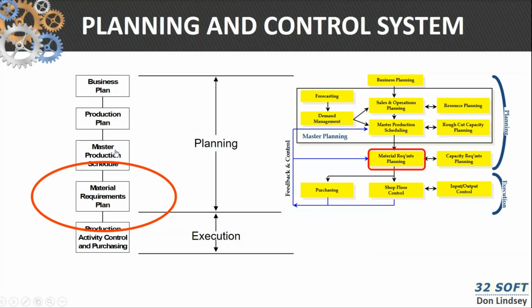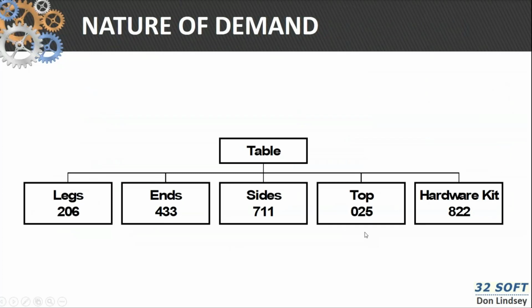Master scheduling, we'll talk about that a little bit, how that feeds into material requirements planning. And then we'll concentrate primarily on this MRP portion. And then later, we have a session planned for production activity control, shop floor control, etc. So we're going to talk about MRP.